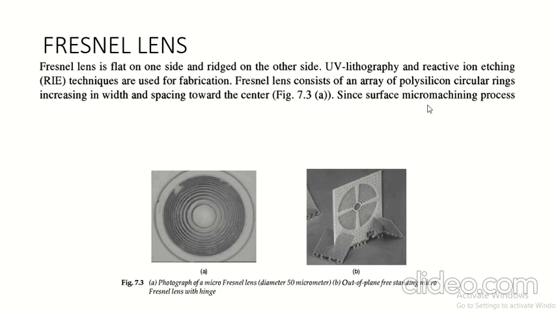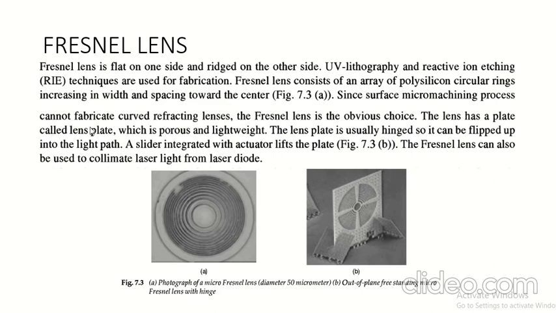Since surface micromachining processes cannot fabricate curved refractive lens, the Fresnel lens is the obvious choice. The lens has a plate called lens plate, which is porous and lightweight. The lens plate is usually hinged so that it can be flipped up into the light path.